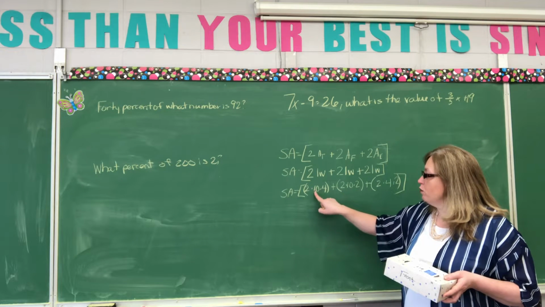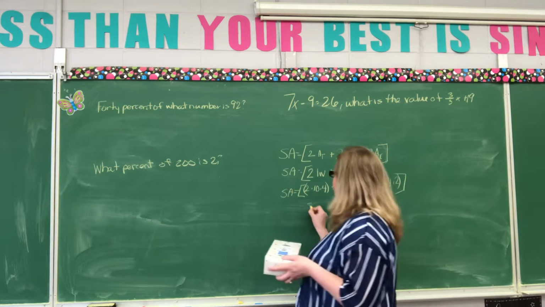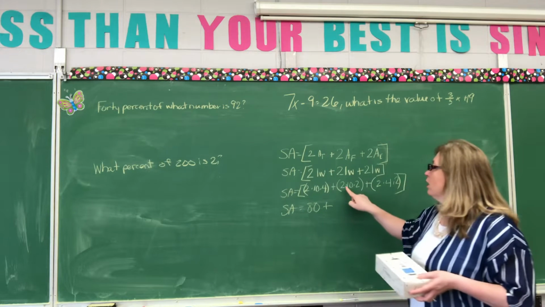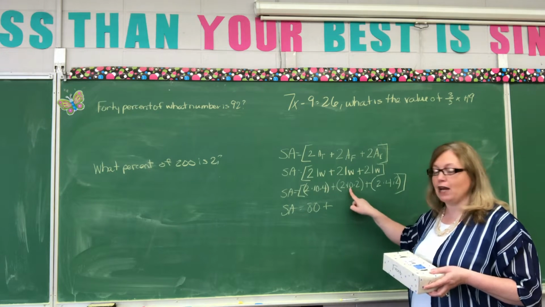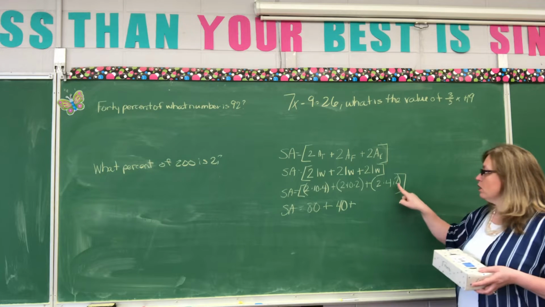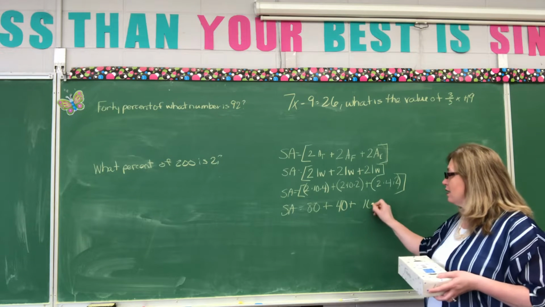Well, 4 times 10 is 40. 40 times 2 is 80. Okay? Plus, 2 times 2 is 4. 4 times 10 is 40. 2 times 2 is 4. And 4 times 4 is 16.